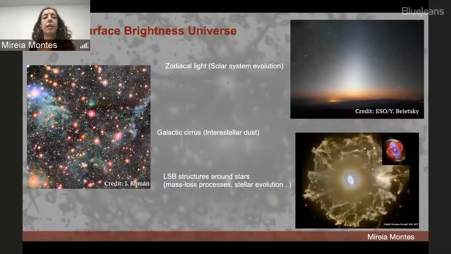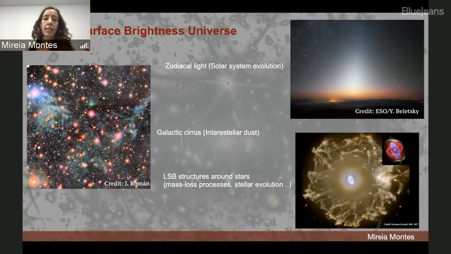But first, what are we referring to when we are speaking about the low surface brightness universe? So surveys like the Sloan Digital Sky Survey have revolutionized our understanding of the universe. As an example, being a wide field survey, it enabled the study of the statistical properties of galaxies.